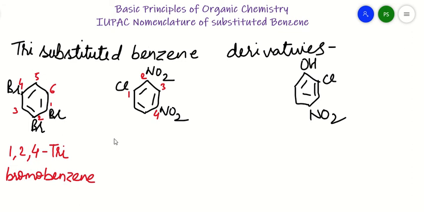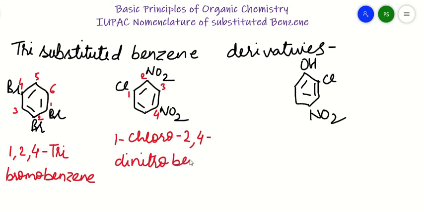So the name would be 1-chloro-2,4-dinitrobenzene. This is how I write the name of this compound.